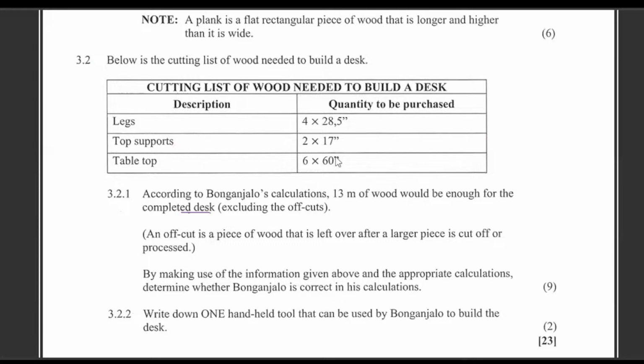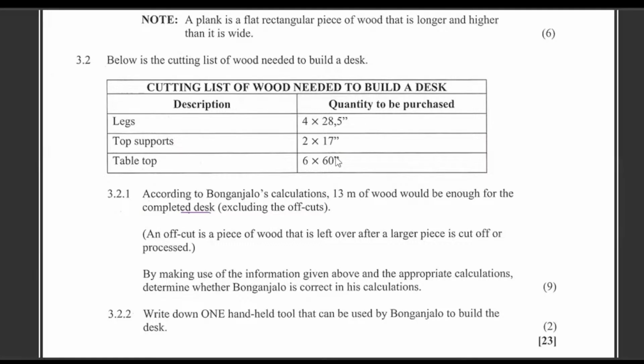Cutoffs are those remainders that you have. An offcut is a piece of wood that is left over after a large piece is cut off or processed.